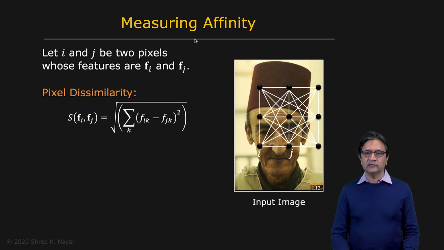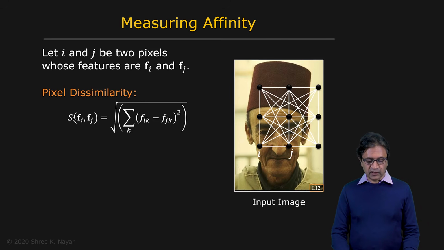Let's say that you have pixels i and j, and there's an edge between them, and its features are fi and fj. So we can say that the dissimilarity between these two pixels is s. We've seen this before, the L2 norm between the two features fi and fj.